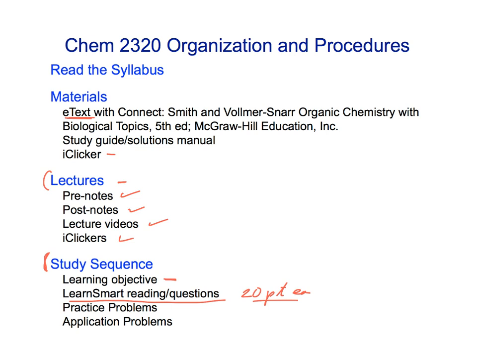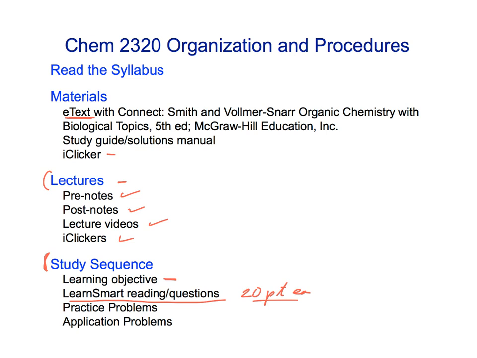We're also going to have 2 types of assignments, both on Connect. One I call practice problems, which are multiple choice problems. You get 10 at a time, you can do it multiple times, and it'll save your highest score.